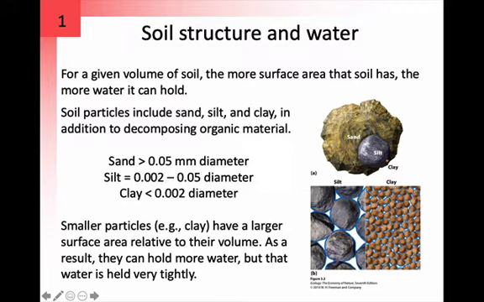In contrast, the clay that you see here on the right has much greater surface area for the mass of the clay particles, means it can hold much more water and hold it more tightly. And you see much less airspace in this clay, meaning that water doesn't drain out of clay very easily.